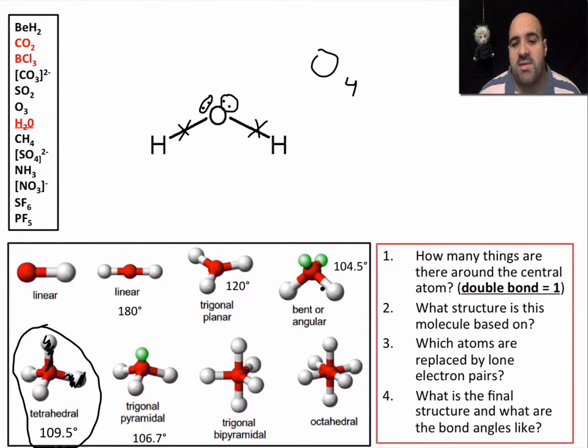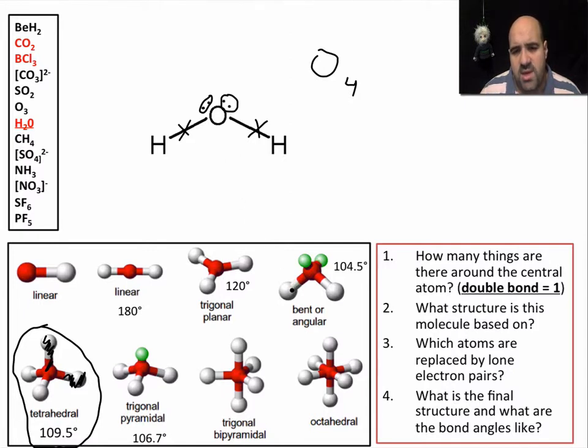You have 2 atoms around a central atom, and 2 electron pairs. And these electron pairs actually bend water molecules a little bit more, so we end up with a 104.5 degree angle instead of the 109.5. So again, for water, there's 4 things around the central atom, but 2 of them are lone electron pairs.